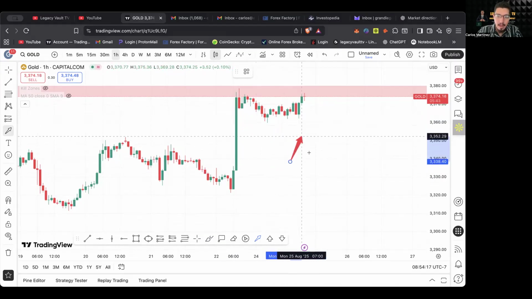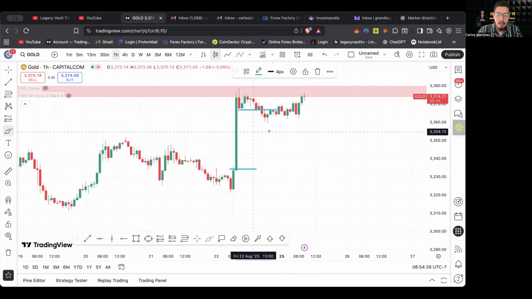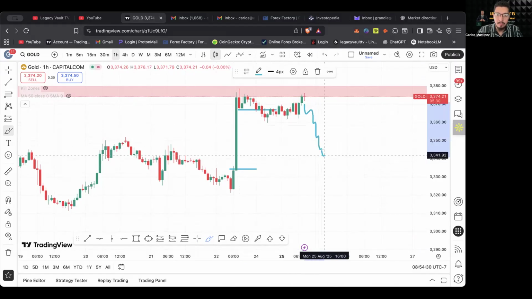Price never came back down to fill this gap. So we have an imbalance here, and we have this gap in the middle. Price hasn't come down to fill this gap yet. It is still around this area in the supply zone.